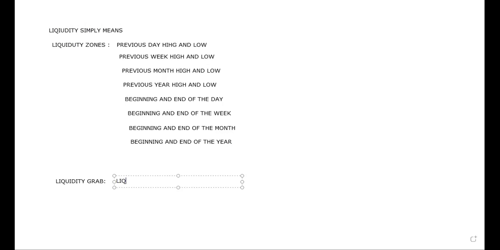Liquidity grab is an act of the smart money, banks or market makers to extend the high and low of the day, just to trap in traders.